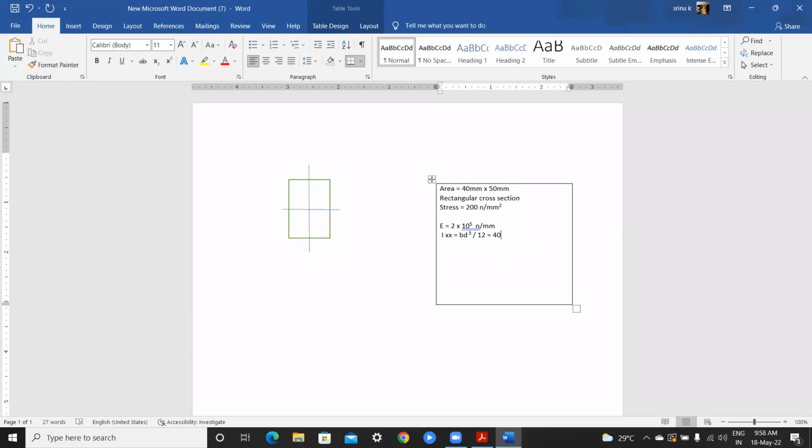Breadth is 40, into depth 50, cubed. BD cube by 12.